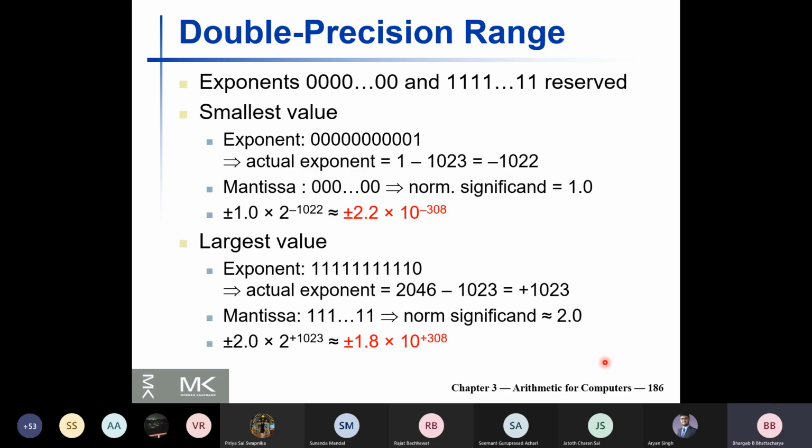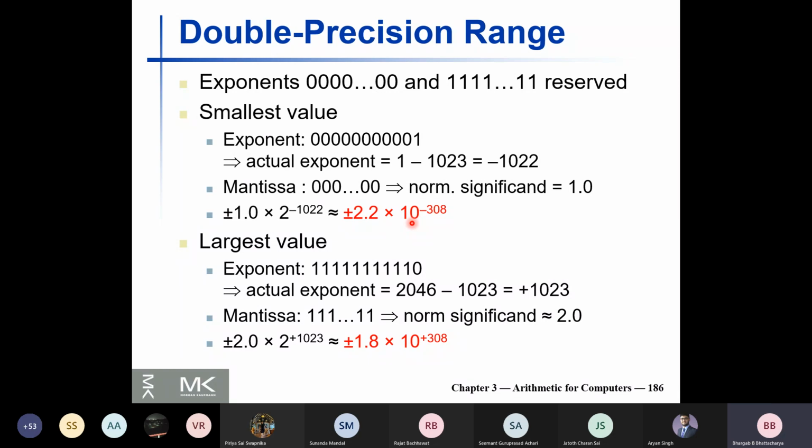You can work out the same for double precision. You have the bias as before, the all 0 and all 1 exponents are reserved, and the actual exponent is biased by 1023. So this is the smallest value of the exponent, and this is the largest value of the exponent. Here the range is quite high.